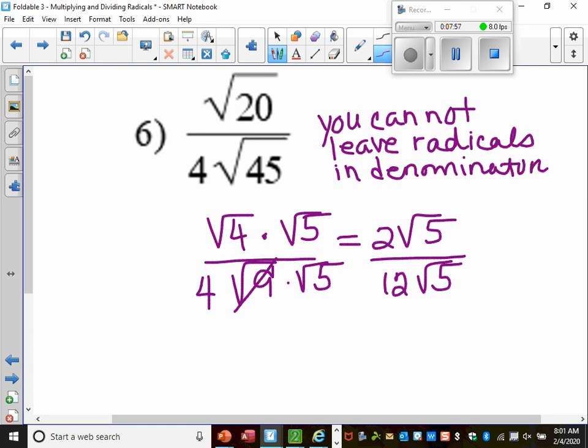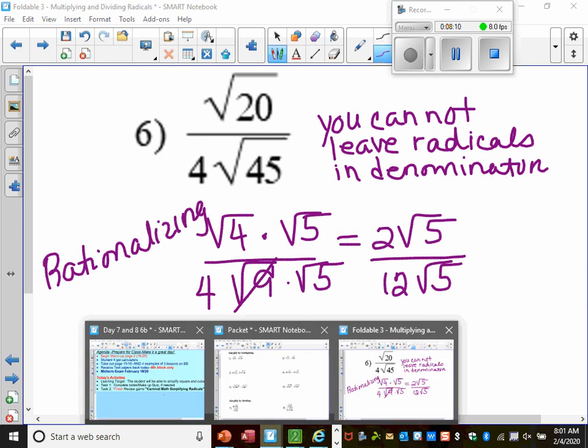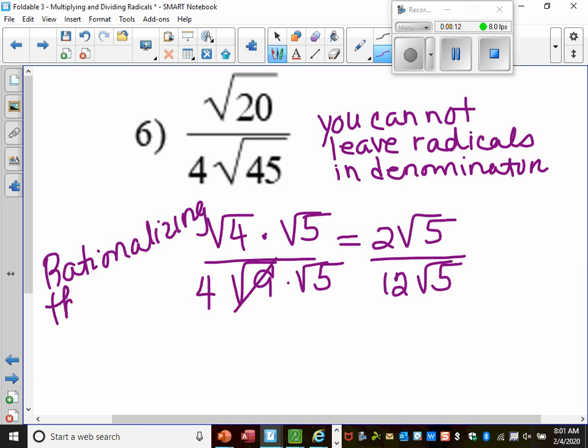All right, so since you cannot leave radicals in the denominator, we do a process that's called rationalizing the denominator. What we mean is we want to have a rational number. Right now, rad 5 is not a rational number. So we call it rationalizing the denominator.